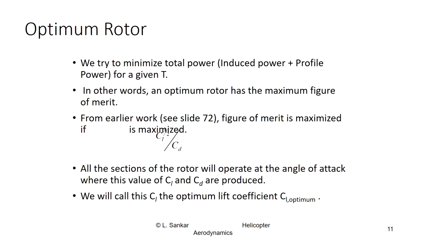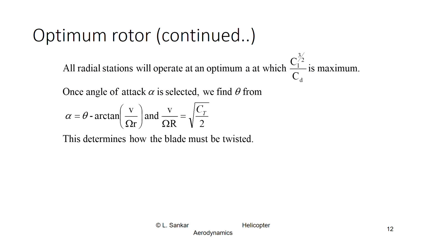So compute CL raised to the power 3/2 divided by CD as a function of alpha, and pick an alpha that will maximize CL to the power 3/2 over CD. The CL that you are going to use is called the optimum CL. Now once you have the optimum CL, since alpha is theta minus phi, you can solve for theta.